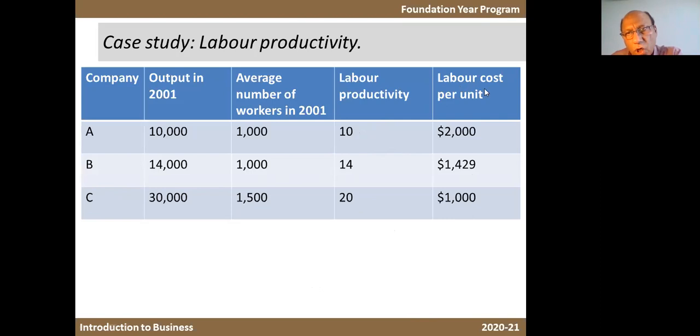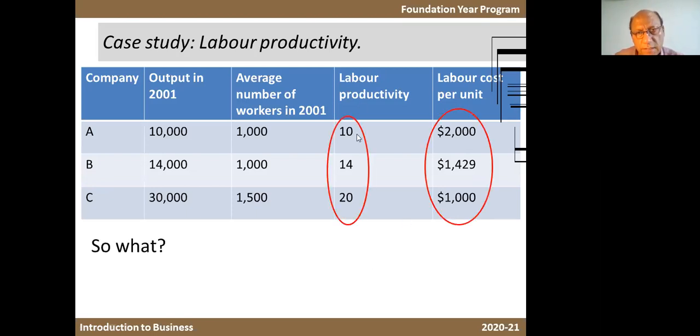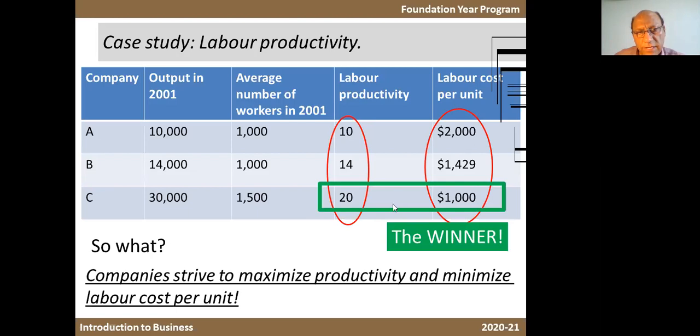And labor cost per unit: more cost in A, medium cost in B, and lower cost in C. So lower is better. These are the two criteria, and the winner is C. Companies strive to maximize labor productivity and minimize labor cost. Have you understood this one? Yes, thank you.